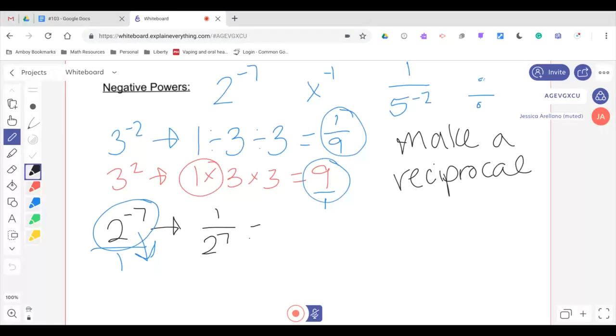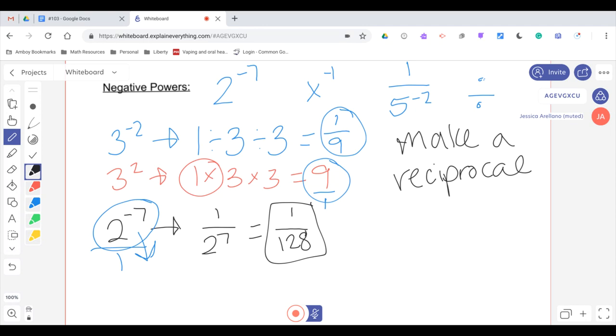And then I could actually solve this, because 2 to the 7th has a solution, which I imagine is very big. Let's see, I think it's 128, but I'm going to double check with my calculator. It is 128. Okay. So that means 1 over 128.